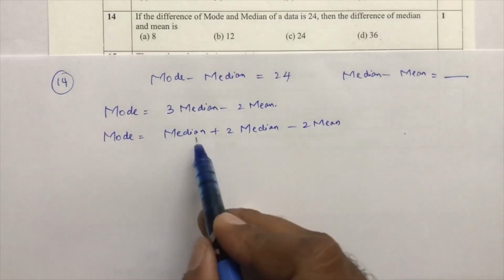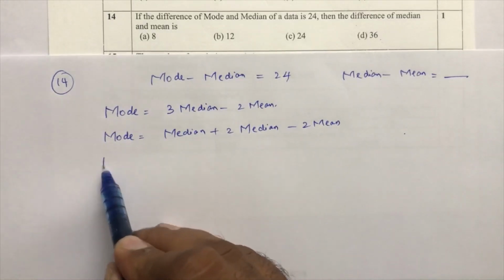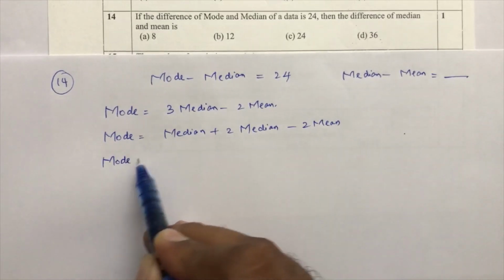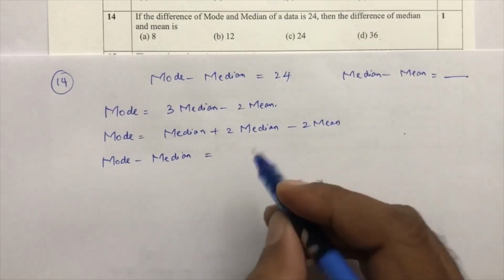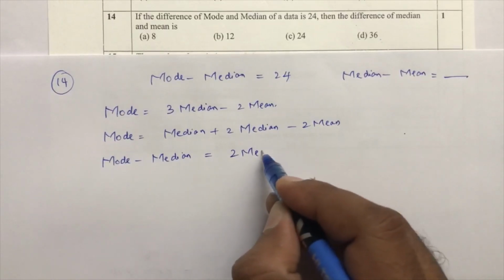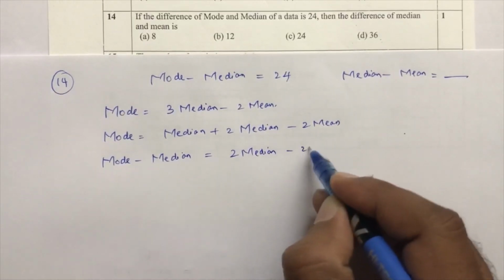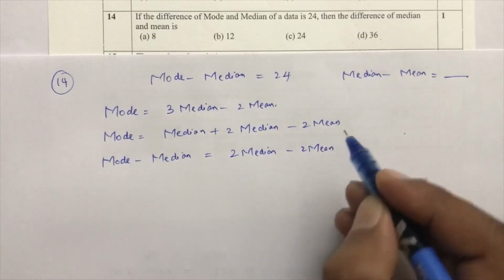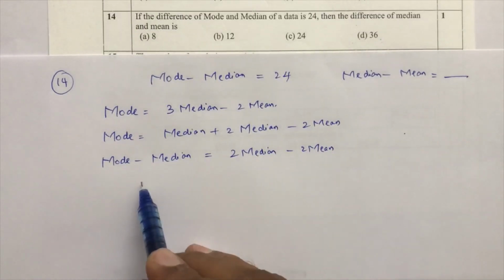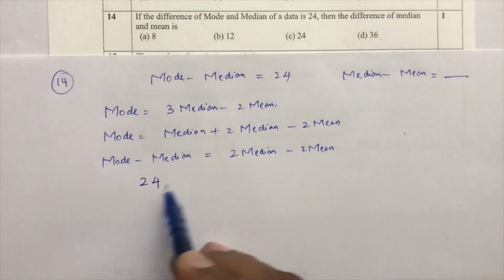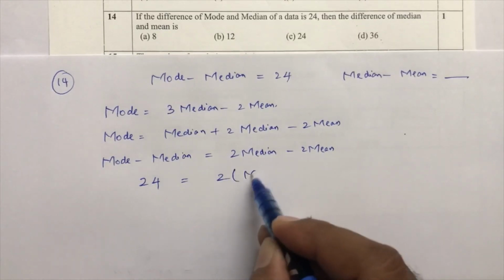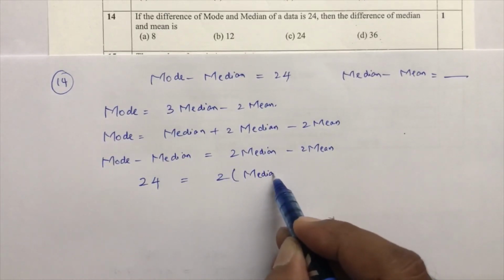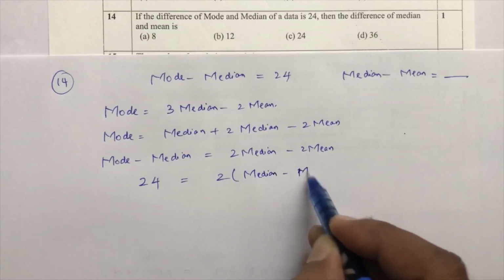So why did I write it like this? Because see, the 1 median I can send to this side, because I have the value of mode minus median. Mode minus median equals 2 median minus 2 mean. So mode minus median, this value is given as 24, equals, in these two terms I can take 2 common, that is 2 times (median minus mean).